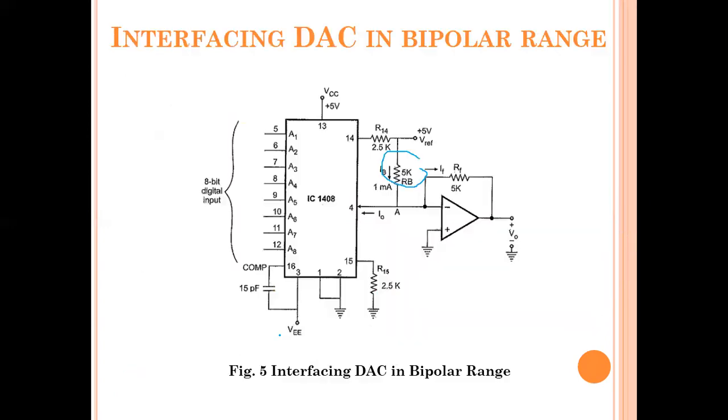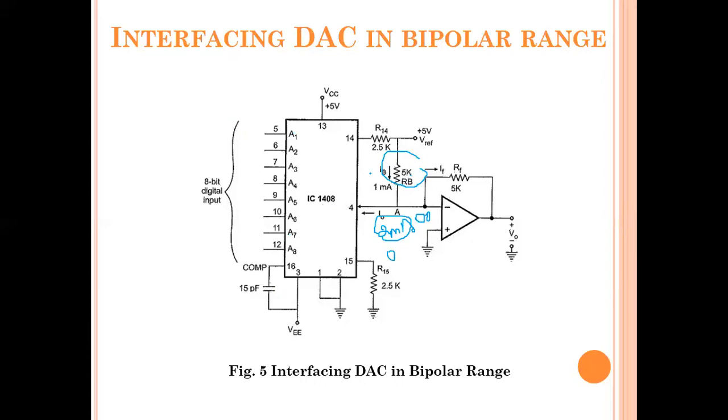So we will see here once again. Before that we don't have this resistor, so you will be getting output current equal to 2 milliamps, and depending upon the current switch positions, you will be having all zeros. So this current will be equal to 0.